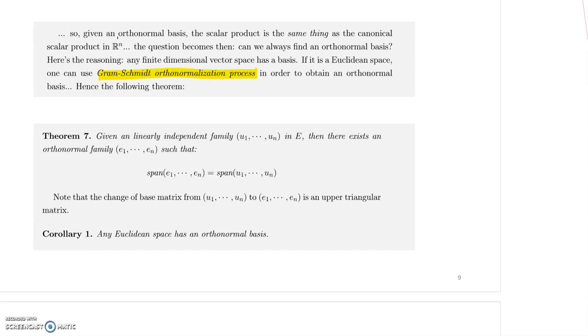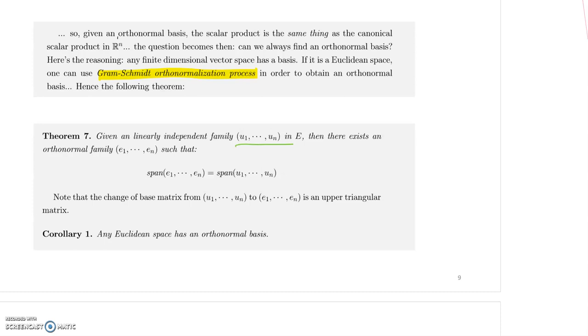It tells you that, given an independent family, it doesn't have to be a basis, as long as it's independent, we're going to work out an orthonormal independent family. If you have enough vectors and you're in finite dimensions, you will make a basis out of that.